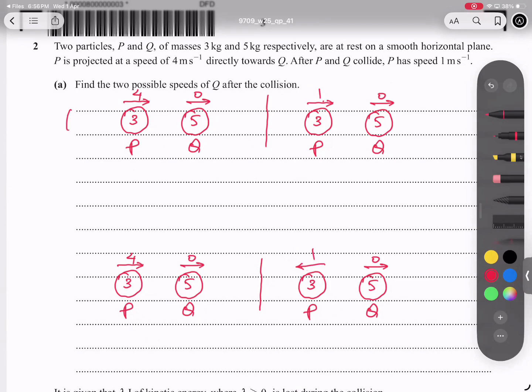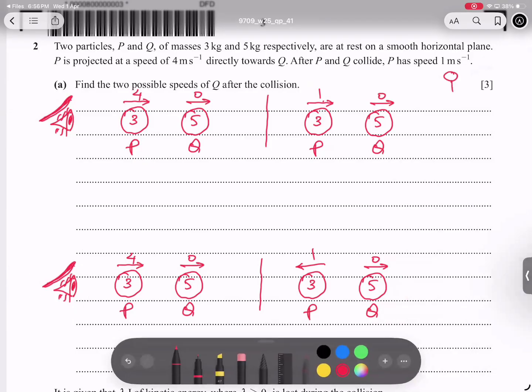We have a basic criterion I'm going to discuss. Whenever the particle is going away from the observer, its velocity is positive; if it is coming back, its velocity is negative. So this is positive in both, but here it is going backwards, negative. The formula is M1 U1 plus M2 U2 equals M1 V1 plus M2 V2, the law of conservation of momentum.